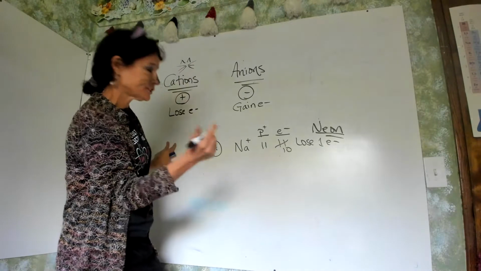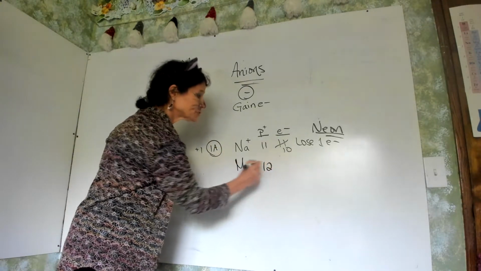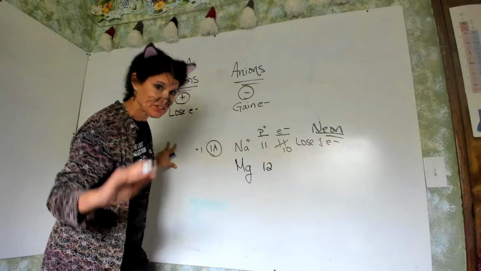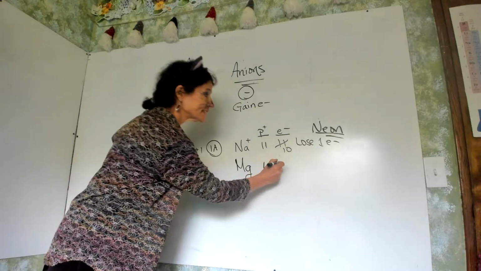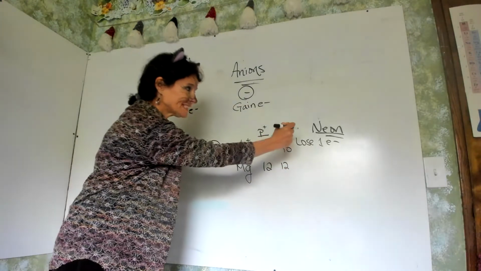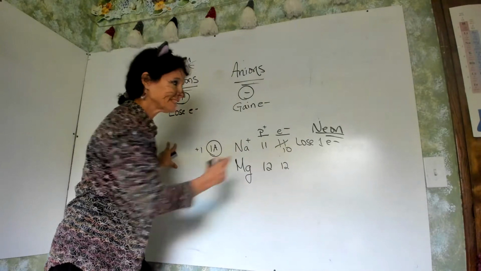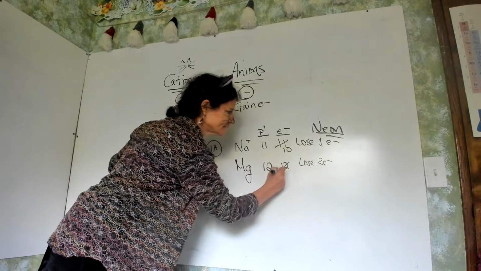Now, if we go right next door to magnesium, magnesium has 12 protons. That doesn't change. If it changes, it's a new element. It starts with 12 electrons, so I don't show any charge, but it wants to become like neon. So it's going to lose 2 electrons.